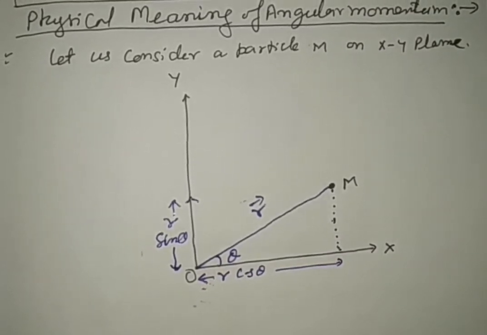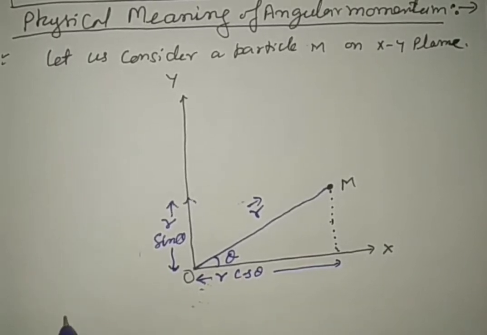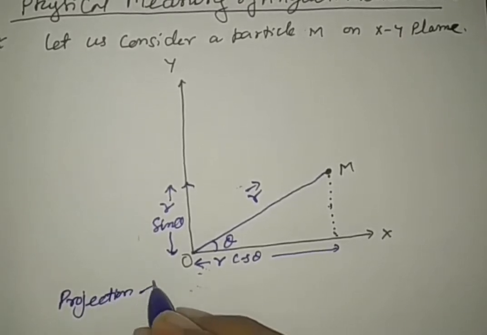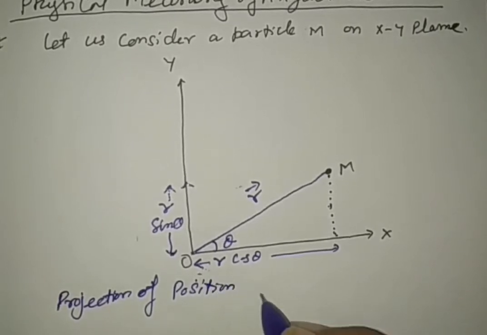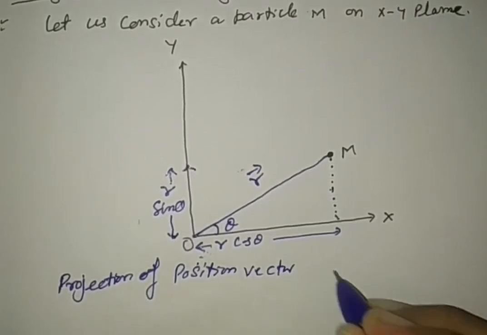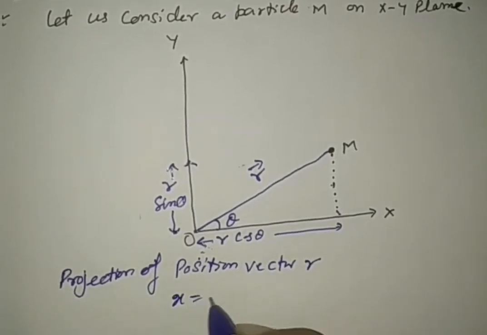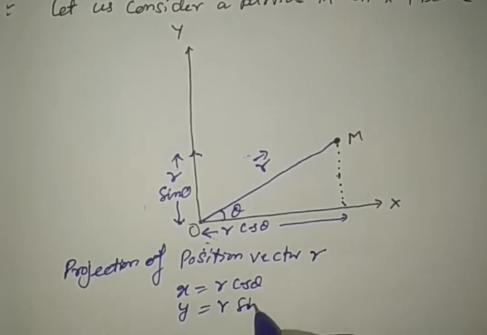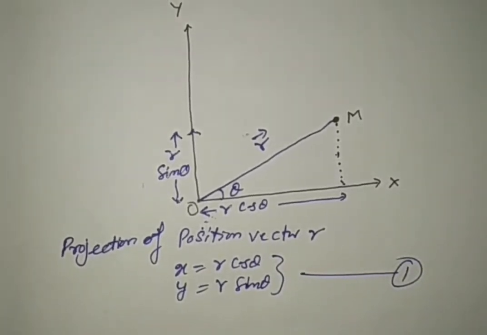So we may say that this is the x component of r. Now we see the projection of the position vector r. Its x component is r cos theta and its y component is r sin theta. Let us represent this by equation 1.